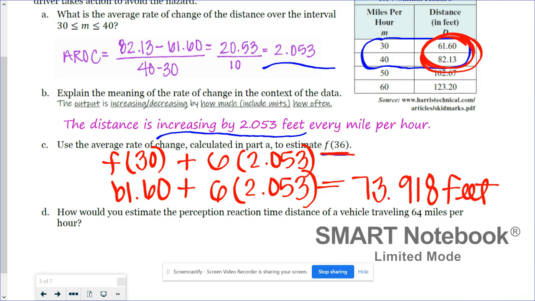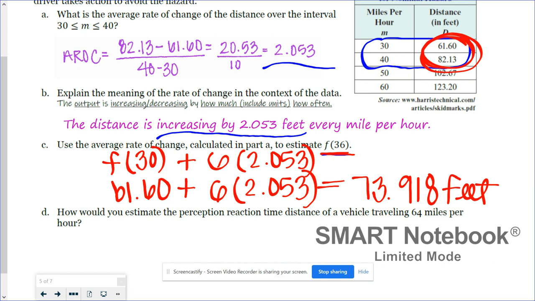Part D asks, how would you estimate the perception reaction time distance of a vehicle traveling 64 miles per hour? Well, 64 miles per hour does go beyond the table. So maybe I would want to find the average rate of change for the entire interval.